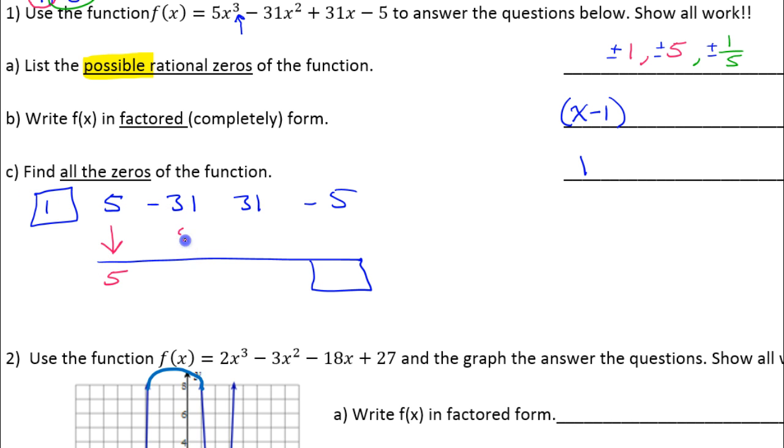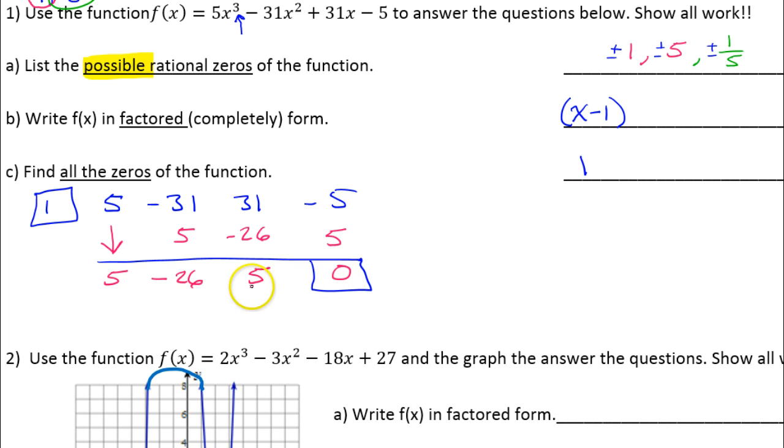Okay, 5 times 1 is 5. That's going to make negative 26. Negative 26 times 1 is negative 26. That's going to make 5. 5 times 1 is 5. And of course, I get the 0 remainder.